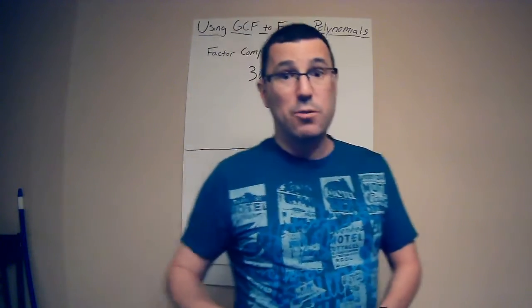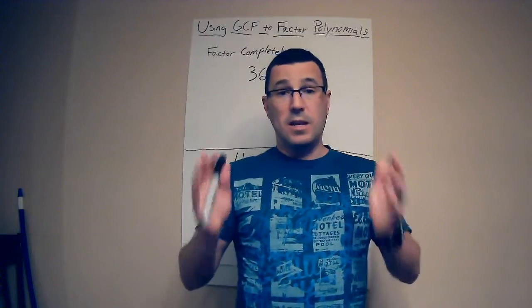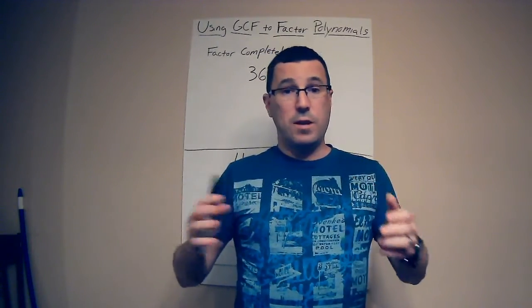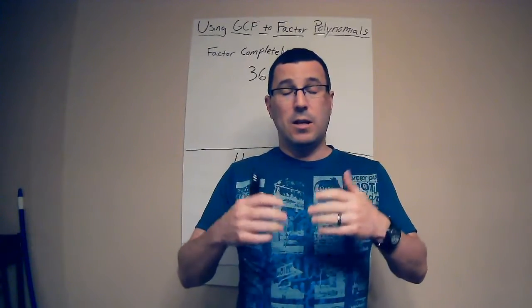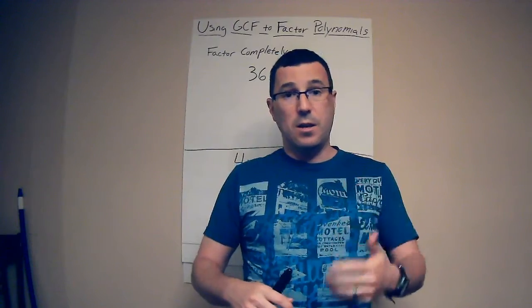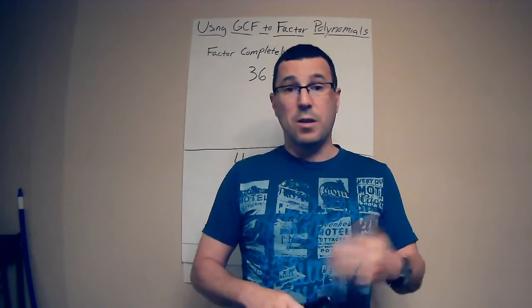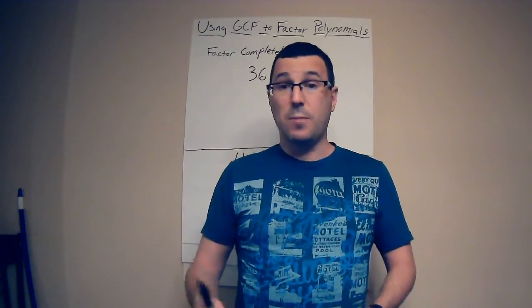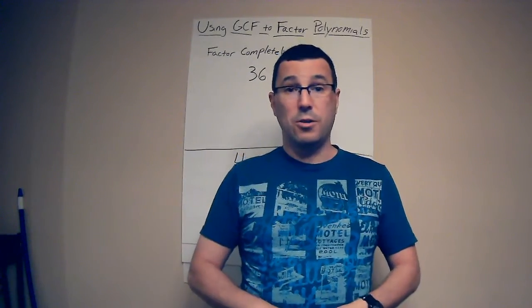Basically what that means is we're going to look for something in the terms of the polynomial to see if we can pull something out that each term has in common. It could be something about the numbers that they have in common. It could be something about the variable that they have in common. It could be a combination of the two.